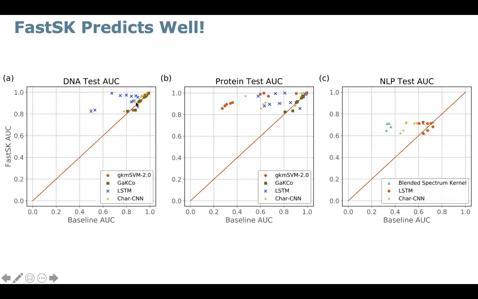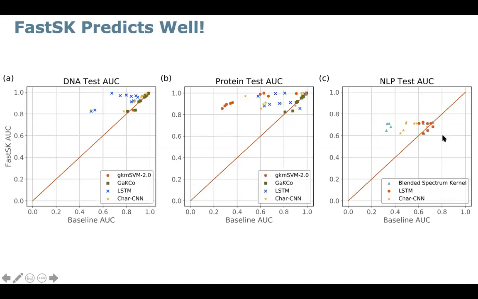So we can tell that on almost all the data sets in the DNA and protein cases, only in 2 in the DNA case and only in 3 in the protein case, FastSK is slightly worse than the baseline, and for all the rest, more than 20 data sets, we are dominantly better in terms of AUC prediction performance.